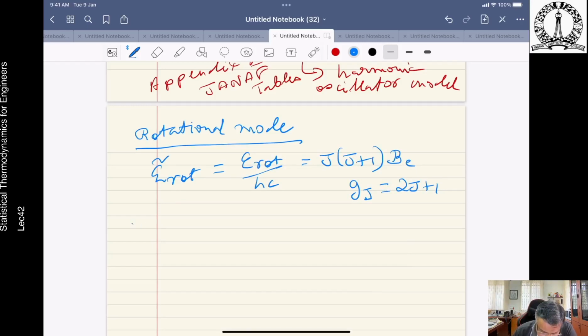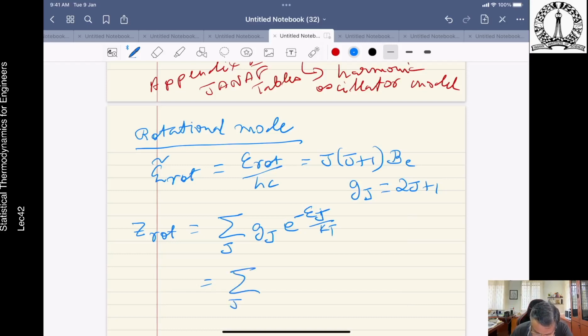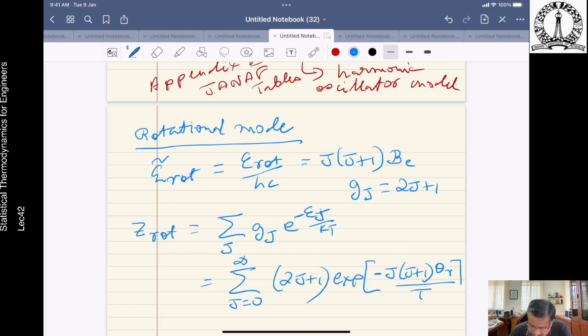So the rotational partition function becomes Z rotation, summing over all J, g J exponential minus E J by kT, which, if you write it properly, is the sum from J equal to 0 to infinity of 2J plus 1 exponential minus J into J plus 1 into theta R. Remember, this is the rotational temperature now.